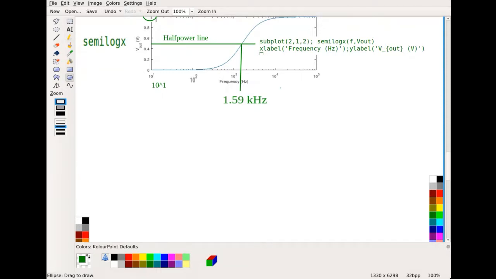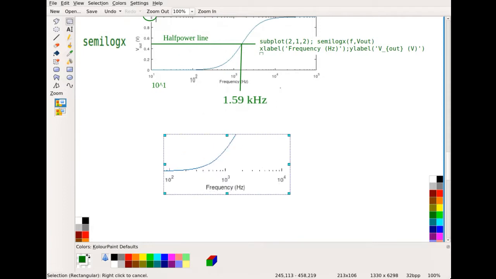I know you guys can't see what I'm doing right now. I'm just going to zoom in on this a little bit. Let's see if I can blow this up enough that we can read it, hopefully.